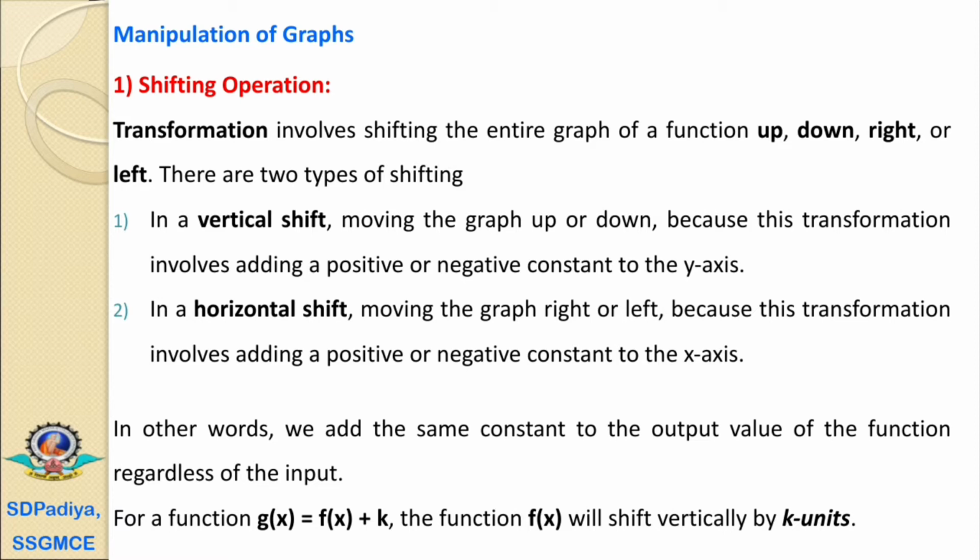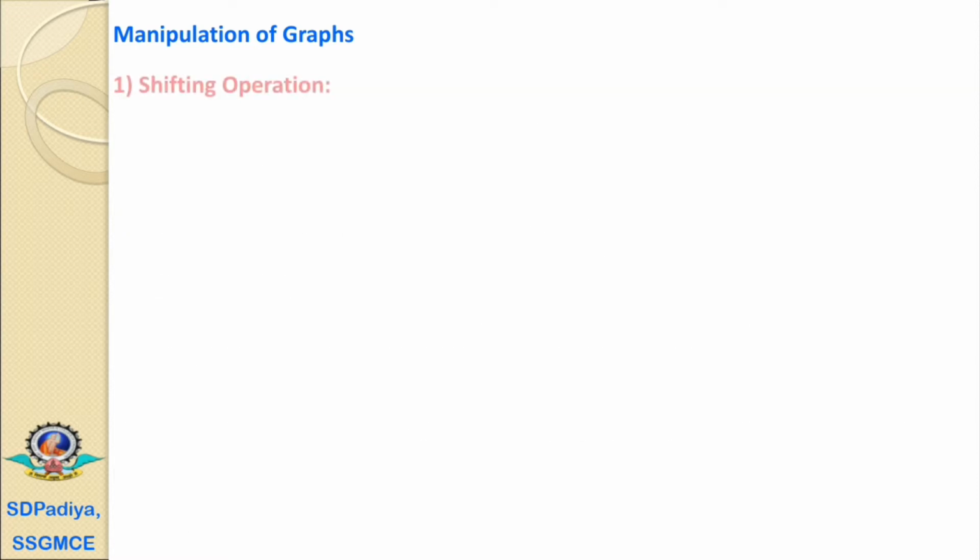The function f of x will shift vertically by k units. If we have to shift any graph by two coordinates over the x-axis, then we have to increase the x coordinates by 2. If we have to shift any graph vertically by two coordinates, then we have to increase the y coordinates by 2. We'll see the actual shifting operation.